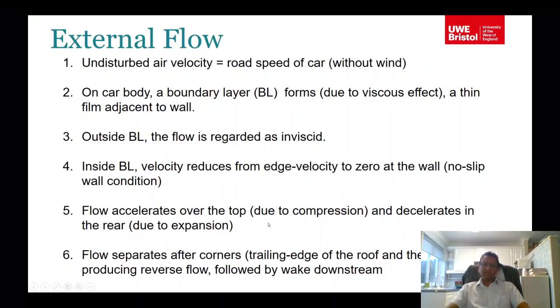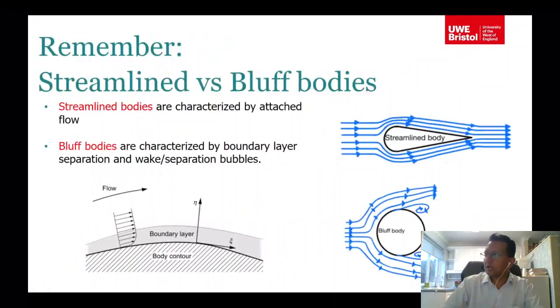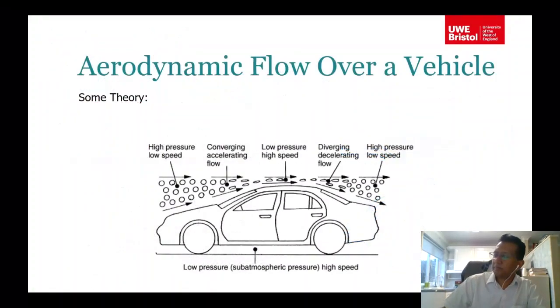The flow accelerates over the top due to compression, okay, and decelerates in the rear due to expansion. So as I said earlier, if you look at the car here, flow accelerates here, flow decelerates here, and this is high pressure, accelerating, decelerating, high pressure again.